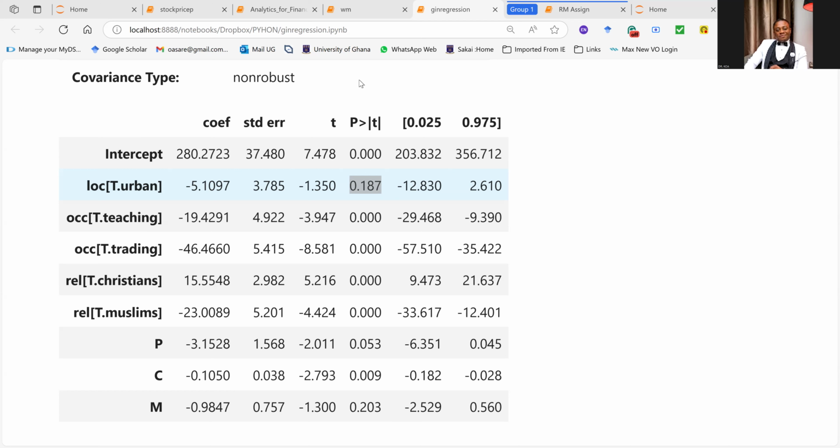Why? Because the p-value is more than the usual accepted 5%. You are guessing because you are wrong. You are wrong. And that was why you delayed. You are wrong. Let's go to another person.